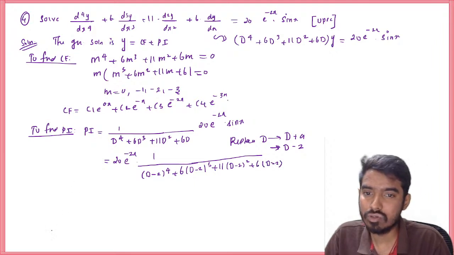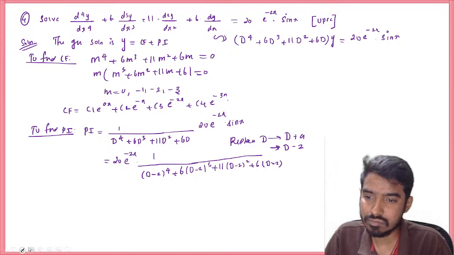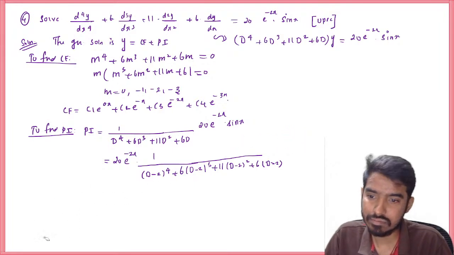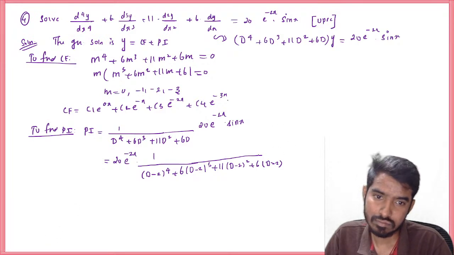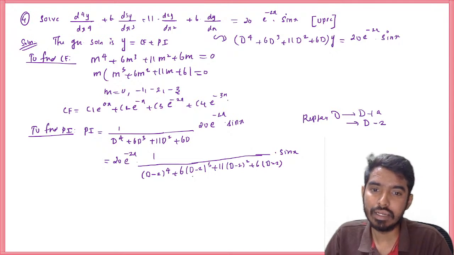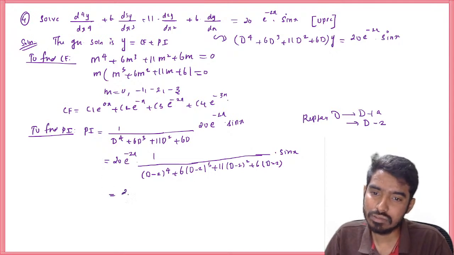Now we will have sin x. So a is -2 here, right? You just simplify this. So 20 into e power minus 2x.